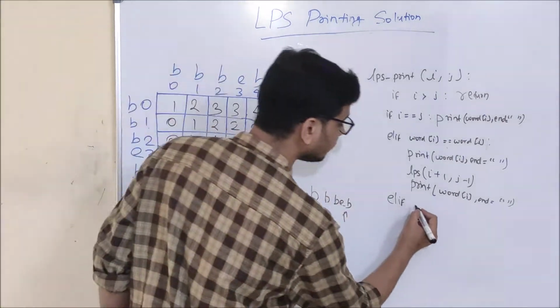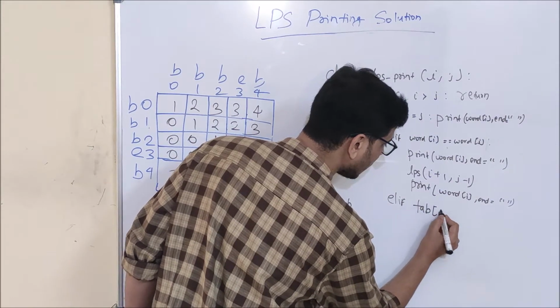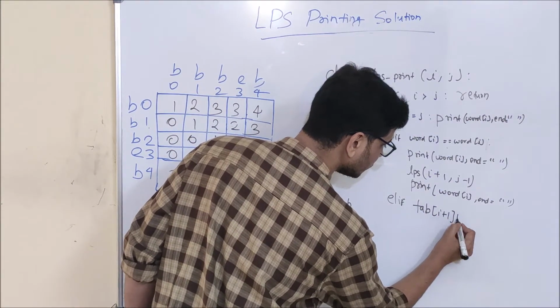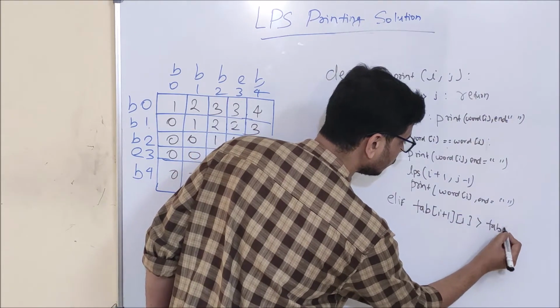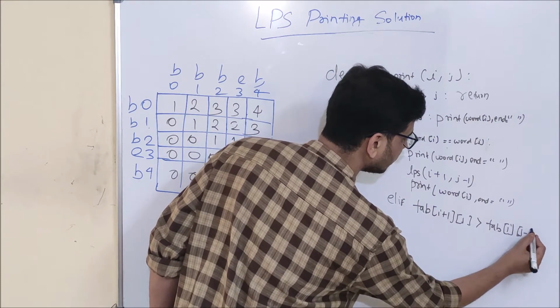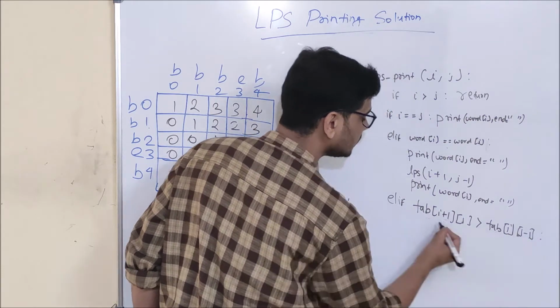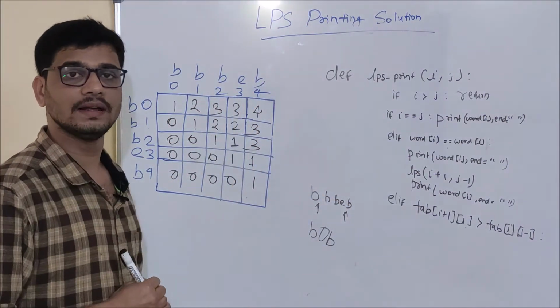So basically what I will do, I will check whether the value at tab of I plus 1, J is greater than the value at tab of I, J minus 1. That is, I am checking if the lower value is greater than the value at the left.